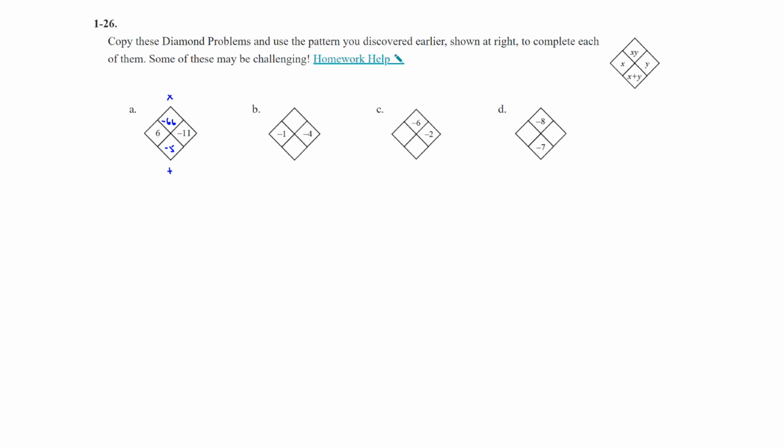Part B, once again, multiply. Negative 1 times negative 4 is 4. Add negative 1 plus negative 4, and that is negative 5. Part C, we don't know what the x is, but since we know it's x times negative 2 should equal negative 6, what times negative 2 would give you negative 6, and that would be a positive 3.